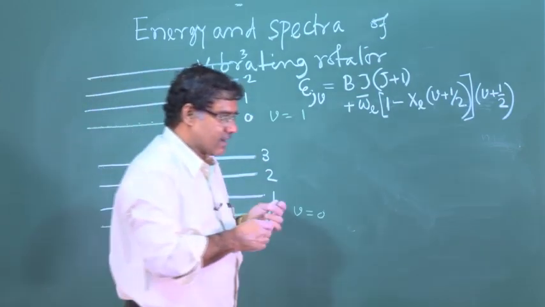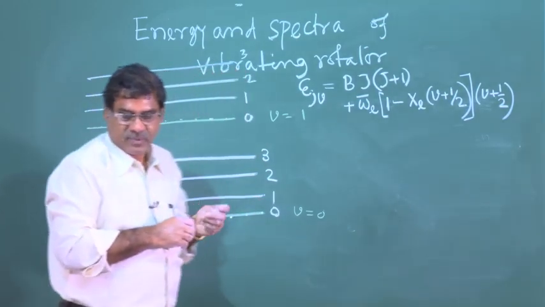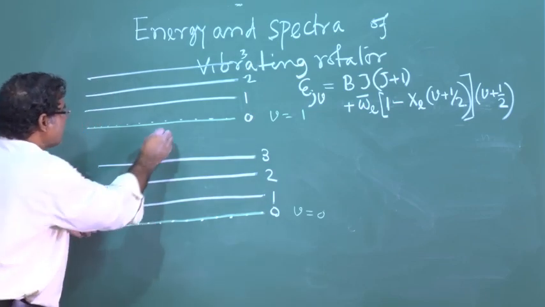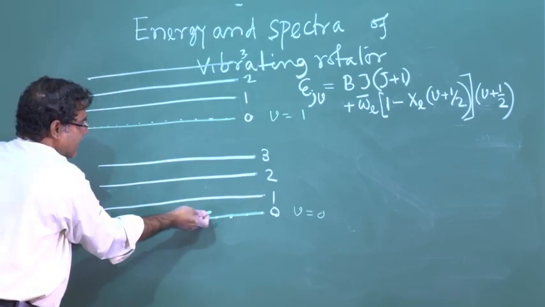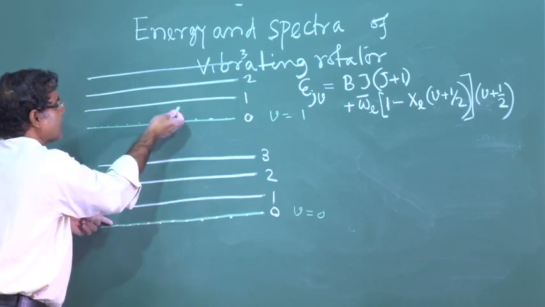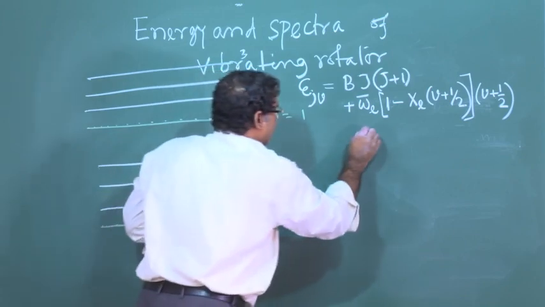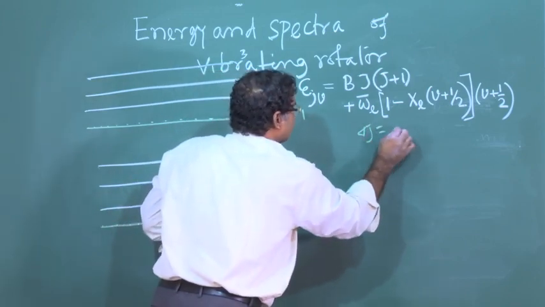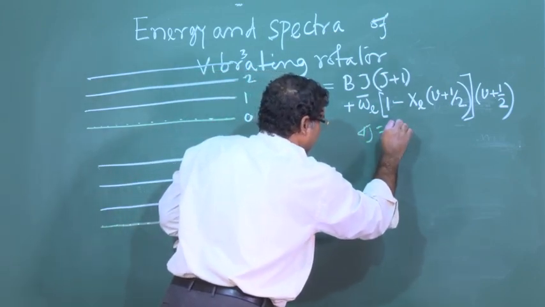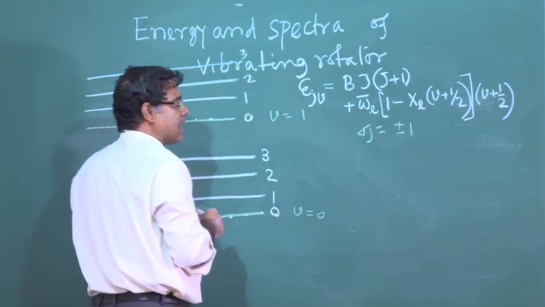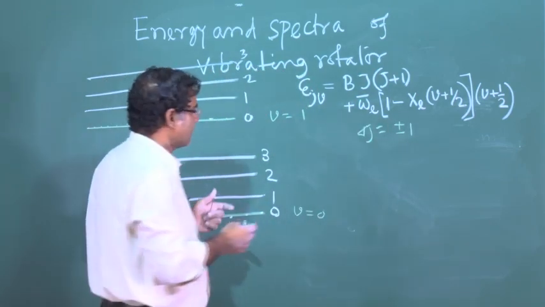Okay. Now, this transition, j equal to 0 to j equal to 0, is not allowed, because of the del j equal to plus minus 1 selection rule. Del j equal to 0 is not allowed.